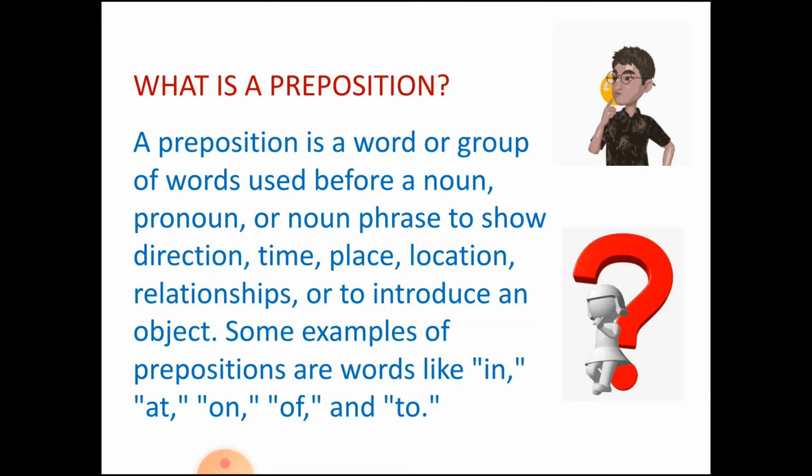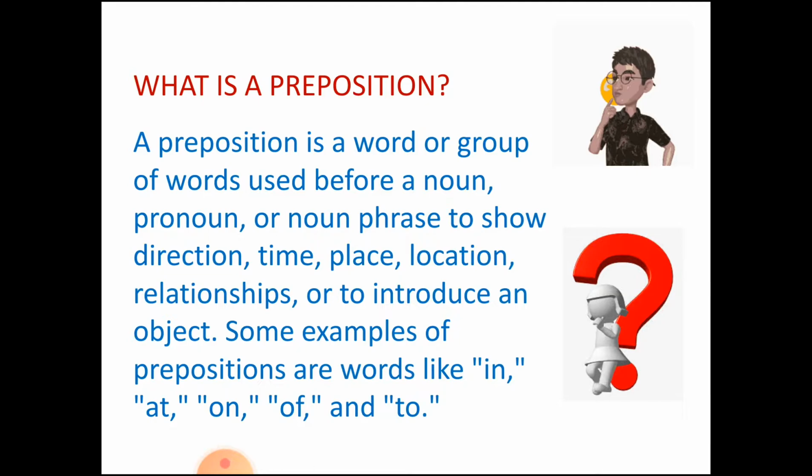So, the word is used before pronouns or nouns or noun phrases. We'll learn about noun phrases later on. Let us see for what purpose it is used: to show direction, time, place, location, relationships and to introduce an object.